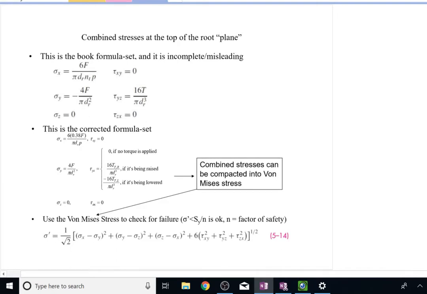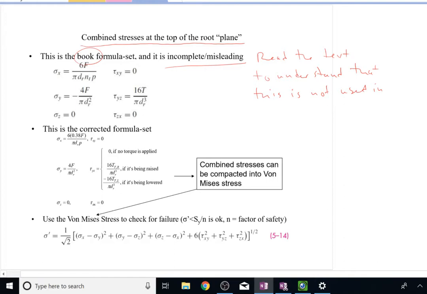So we're looking at combined stresses at the root plane. This is the book formula set, and it's incomplete and misleading. You have to read the text to understand that this is not used.